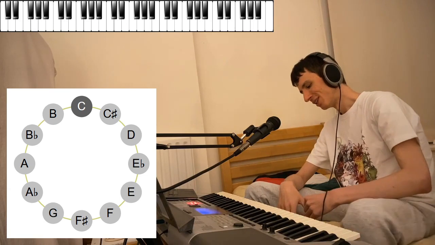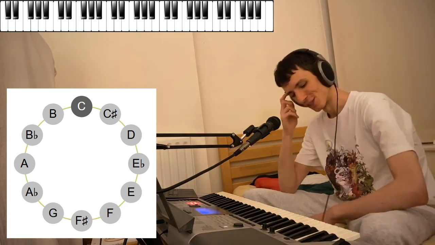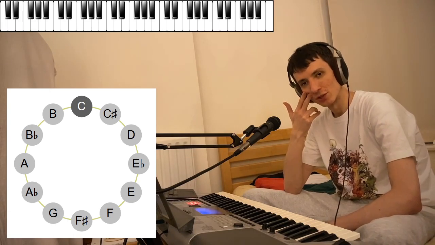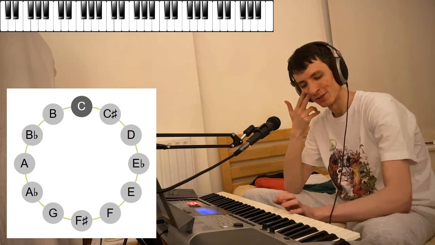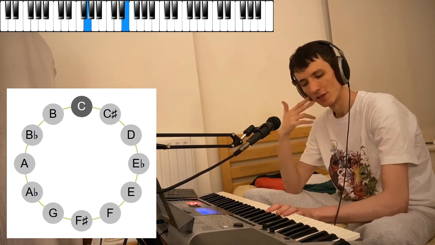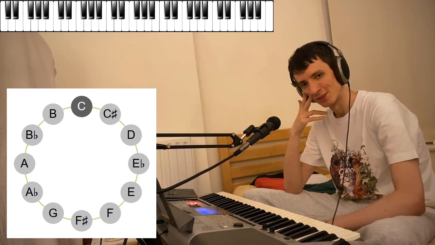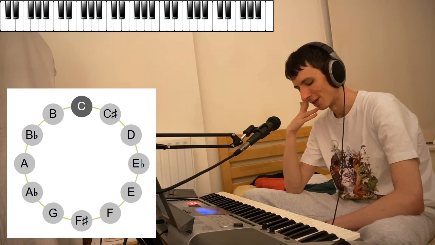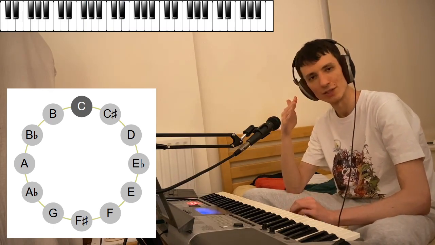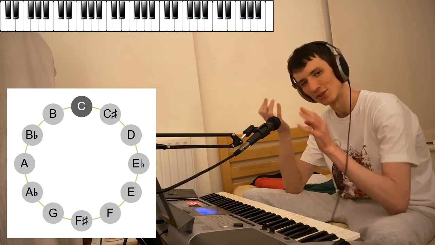So, historically speaking, there are still lots of instruments that are tuned using exact ratios, like the 3/2 and all that nice stuff. And you can still do that. And if you do that, then if you play in a different key, the keys are going to sound different to each other because the ratios are going to be slightly off.